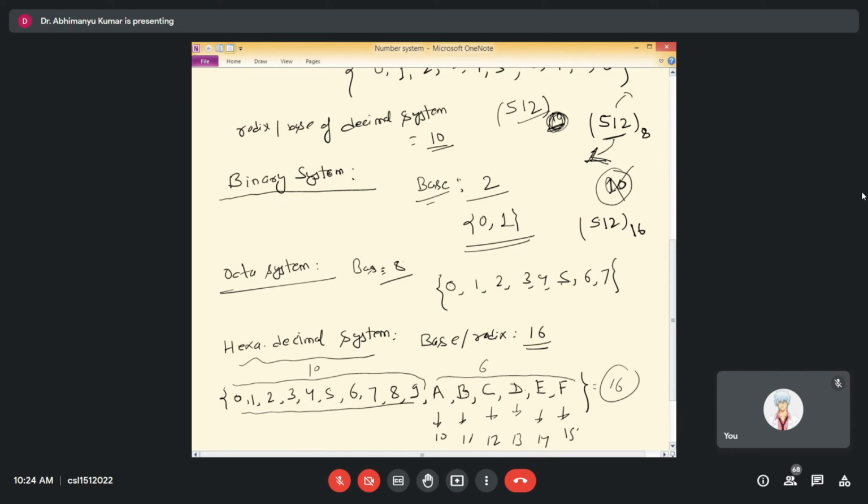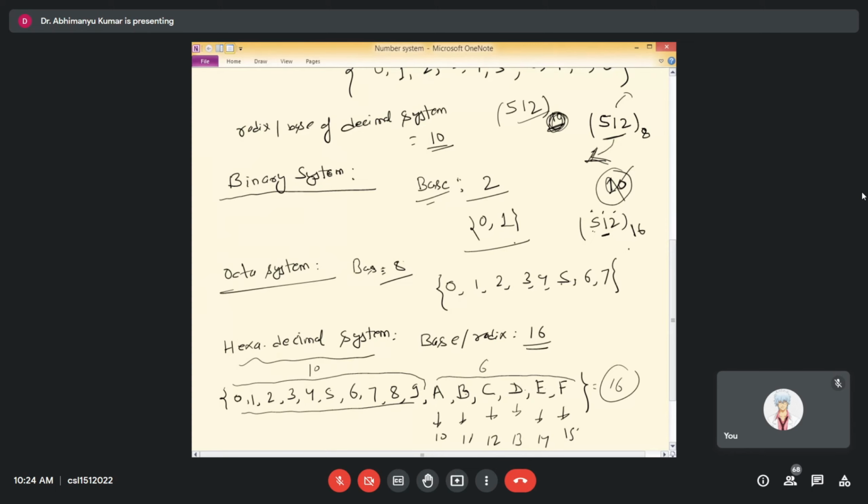And this quantity cannot be claimed to be represented in the binary system. Why? Because in the binary system, what kind of symbols can we use? Only 0 or 1. But here we use 5 and 2 also. 1 is allowed, but 5 and 2 are not allowed in the binary system.